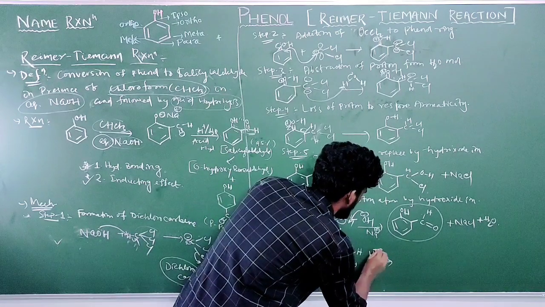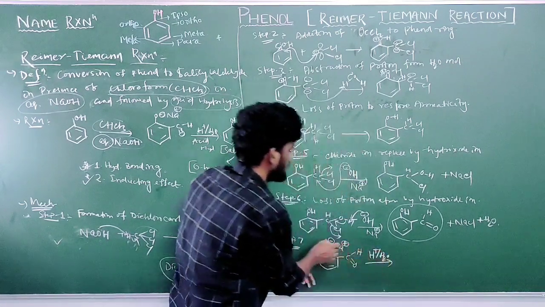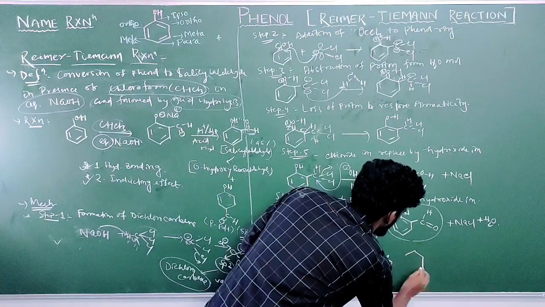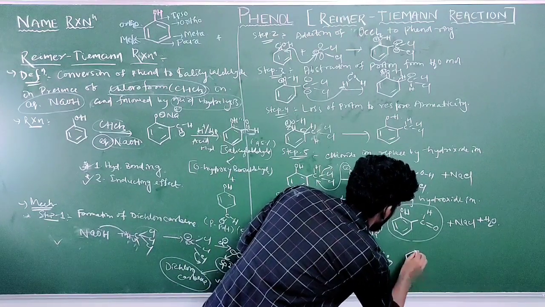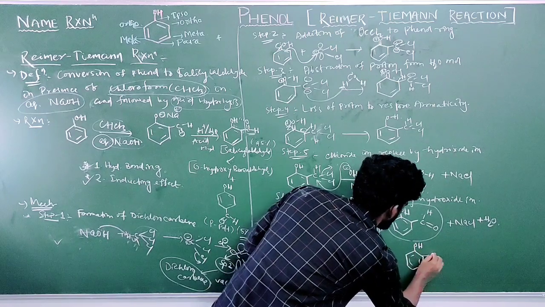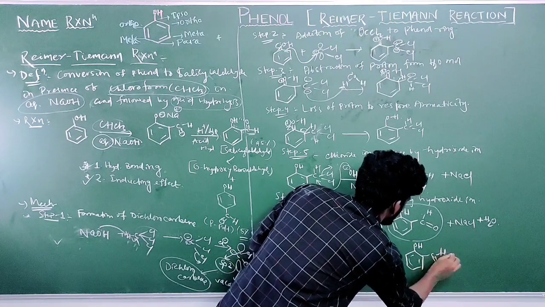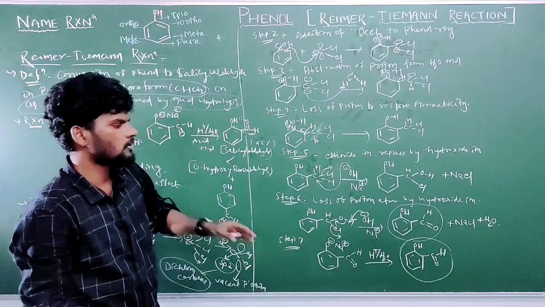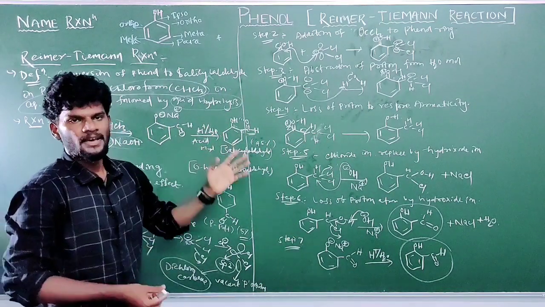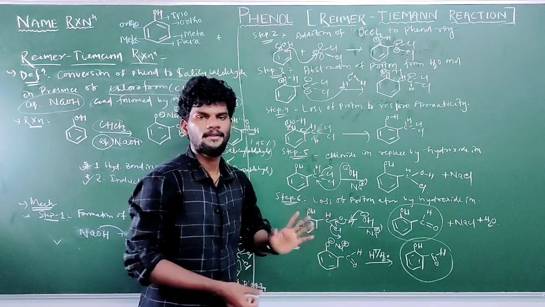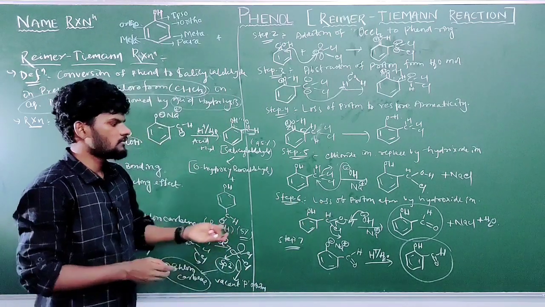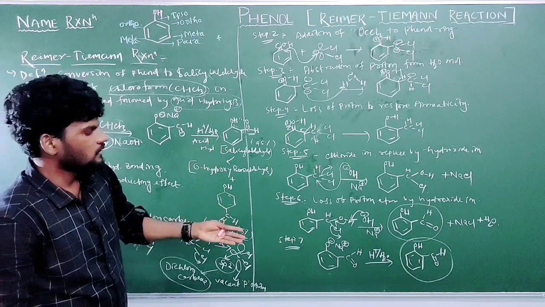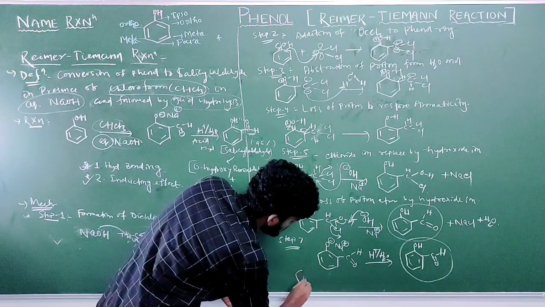If you do an acid workup with H plus water, the H plus will be taken by O minus to form OH. In this way, through steps 6 and 7, we get pure salicylaldehyde product in high yield. Step 7 is a neutralization reaction.